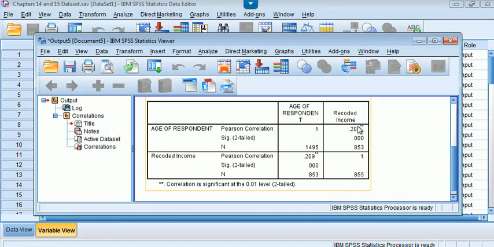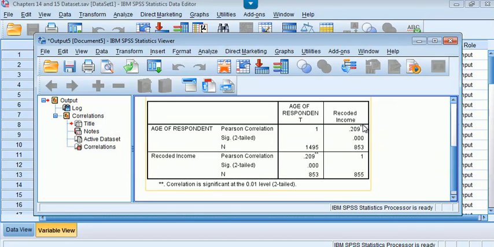What you will notice, and this will come into play in the next chapter, is the little stars. That means that this is a statistically significant correlation. So this correlation is not due to random chance; there's actually a true relationship between age of the respondent and their income.